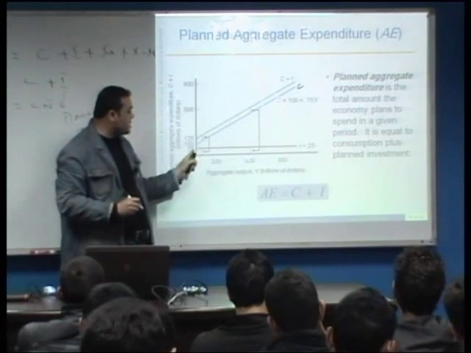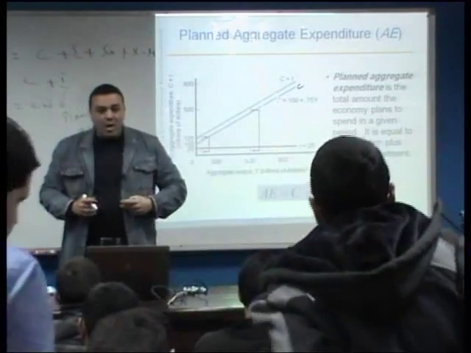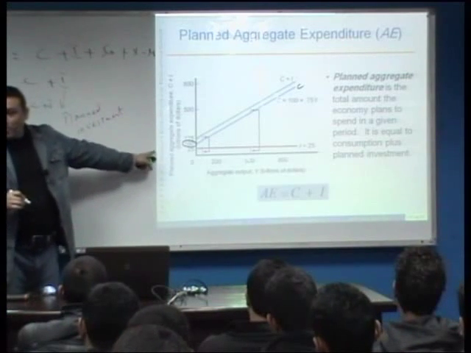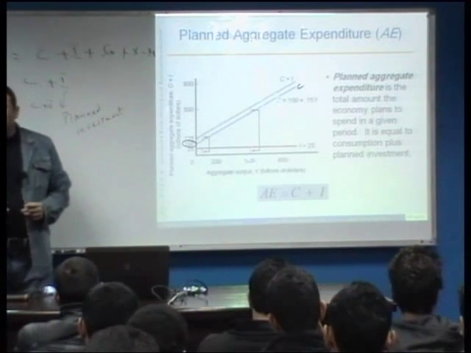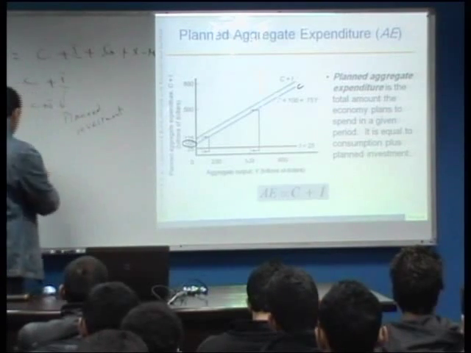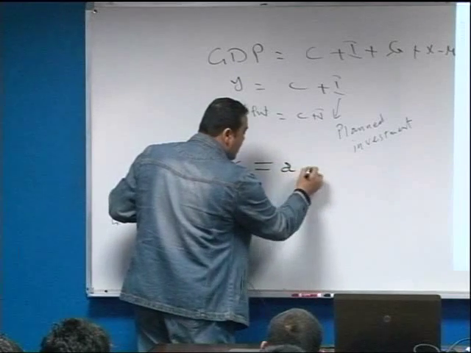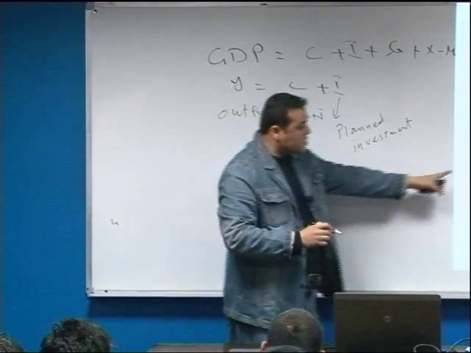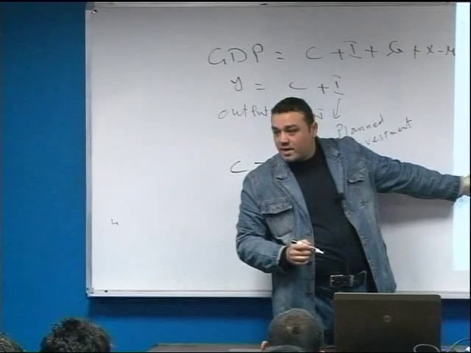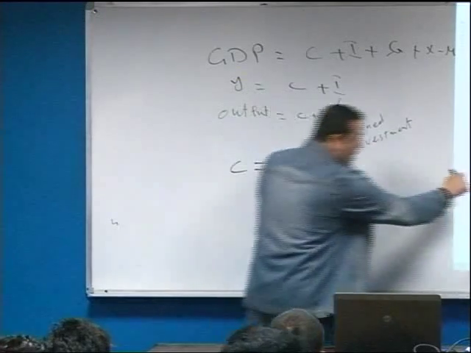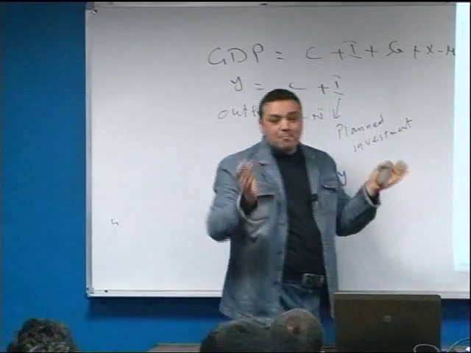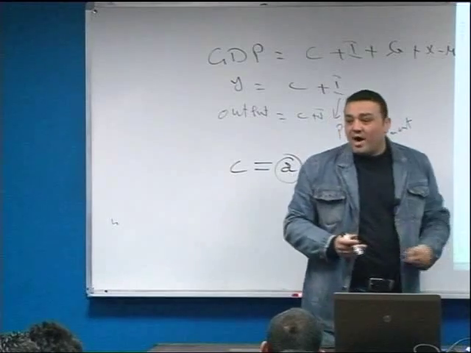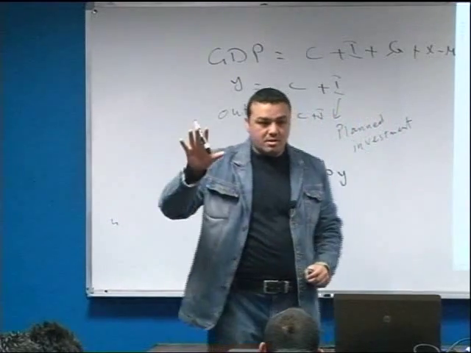Then we have C plus I. Suppose that C started from 100, which is A. In the consumption function, C equals A plus BY. A, in this case, equals $100 million, right? And I equals 25. So C plus I equals how much? 125. This is the autonomous aggregate expenditure, right?